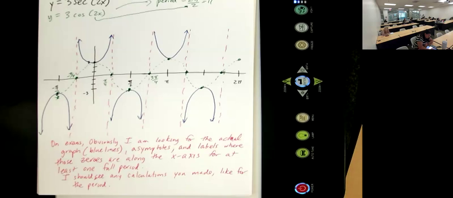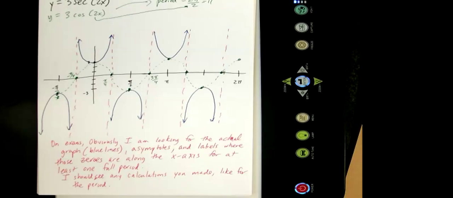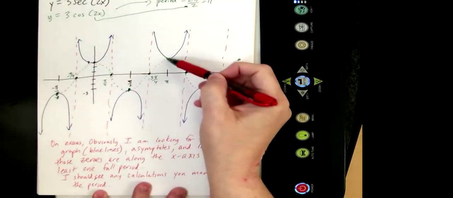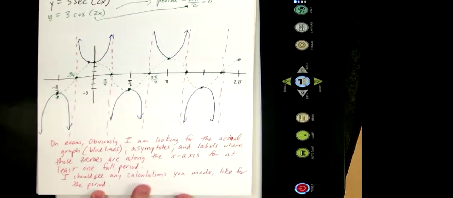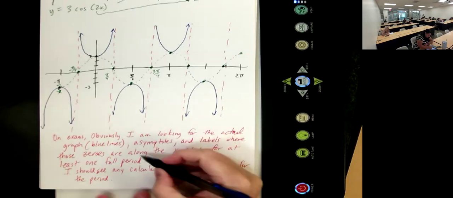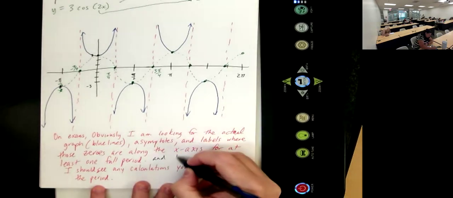Show where the zeros are. We don't have to put points on the graph. You should have these points, like the origin points, where your graph is starting. Okay. Let's put that on there too. And the 5 points for each period.